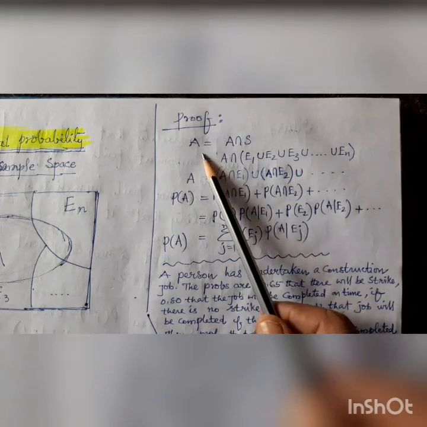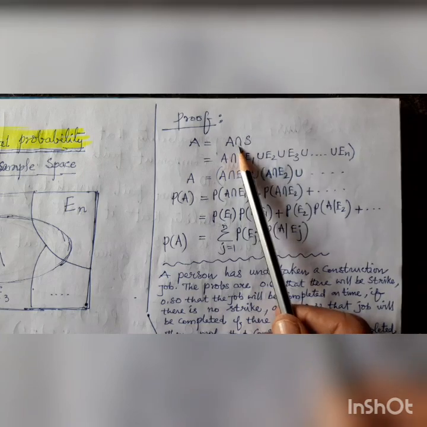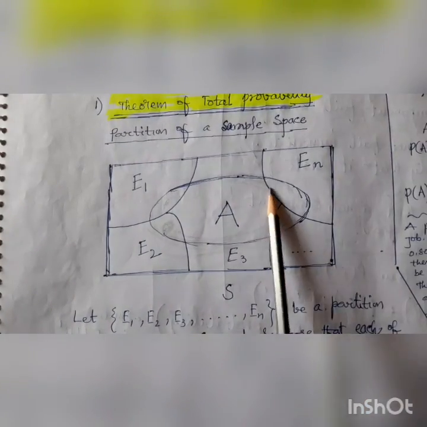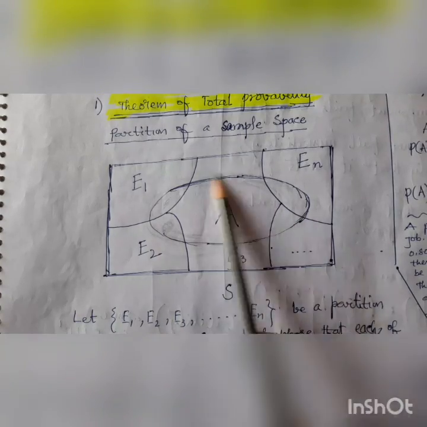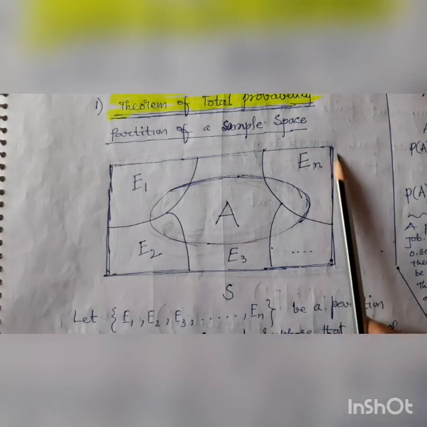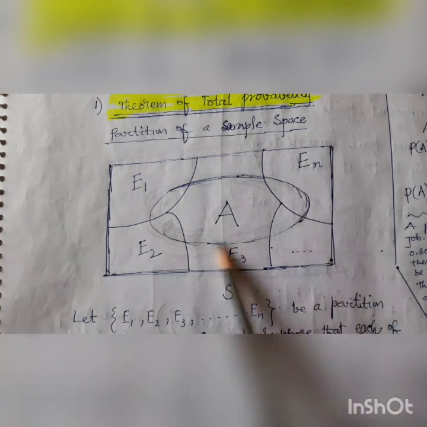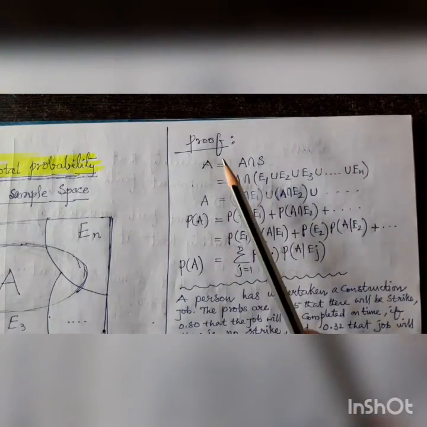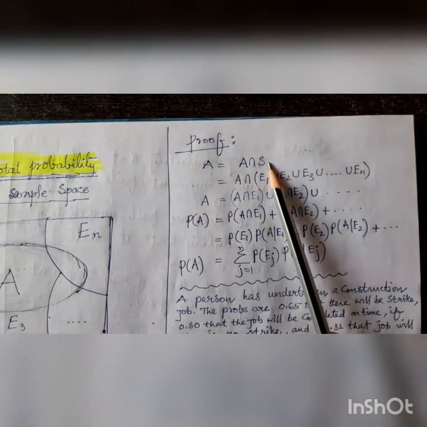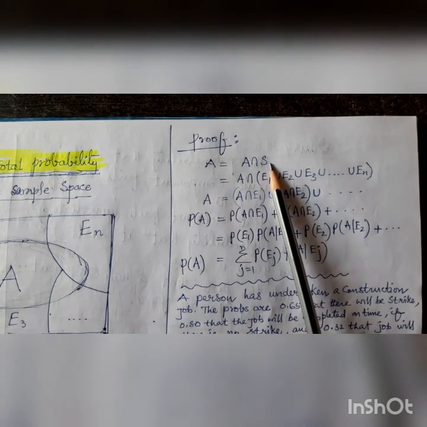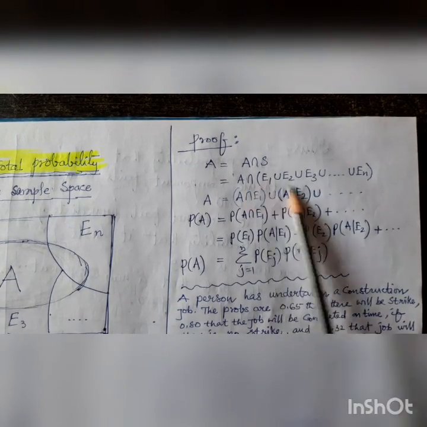A equals A intersection S. You see here? A equals A intersection S. This is A. What is the intersection? A only. What is S?